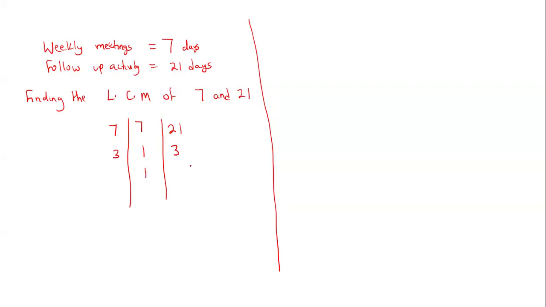By 3, this is 1 and this is 1. So from there, what do I need? I'll find out that the LCM is going to be 7 times 3, which will give me 21 days. So that means that the lowest common multiple between 7 and 21 is equal to 21 days.